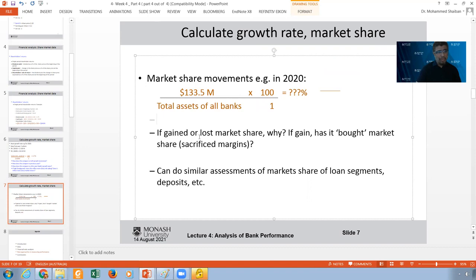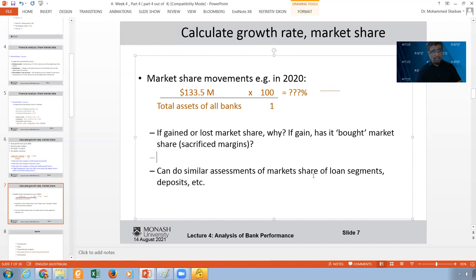Now, if you are gaining or losing market share, you have to know why. If you are gaining, has it come at the expense of margins? Are you sacrificing margins, which means are you giving more assets with more risk, or maybe you are decreasing your cost and your prices for the interest rate and getting more and more customers and giving more loans at the expense of the return, which means you are giving just cheap loans.